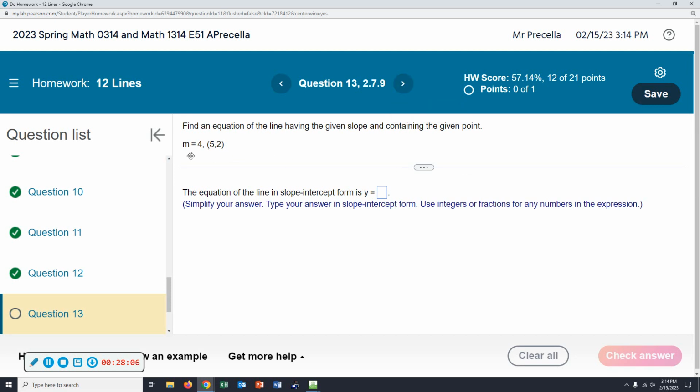Now we're going to start writing equations of lines. They're giving us the slope, and they're giving us a point on the line. Is that 5, 2 the y-intercept? If you plotted 5, 2, would that be on the y-axis? No, because if it's on the y-axis, the x value has to be 0. So they're not giving us the y-intercept.